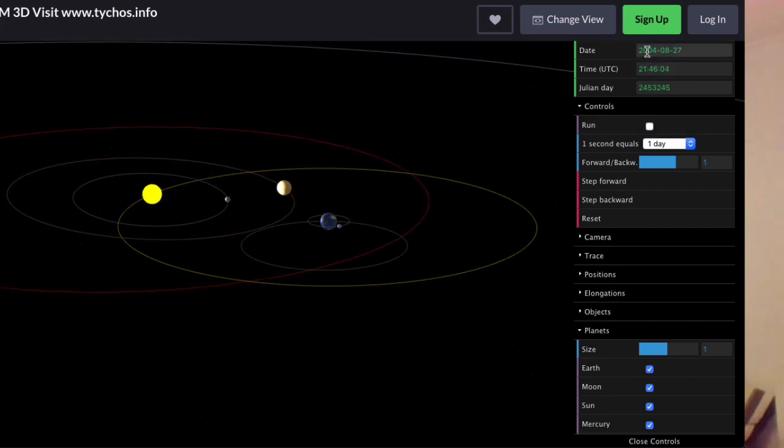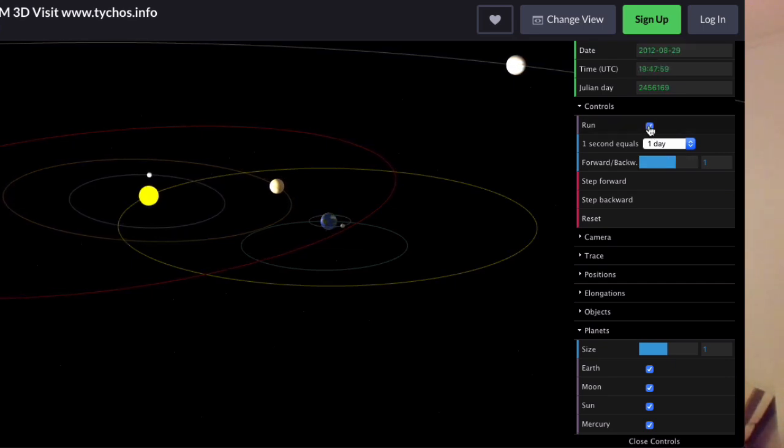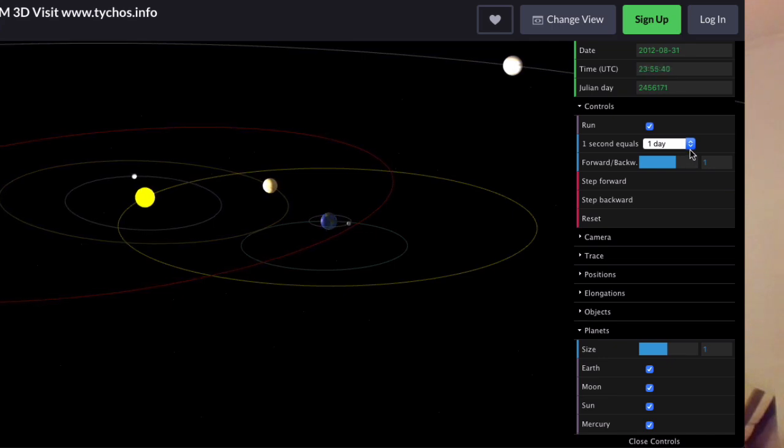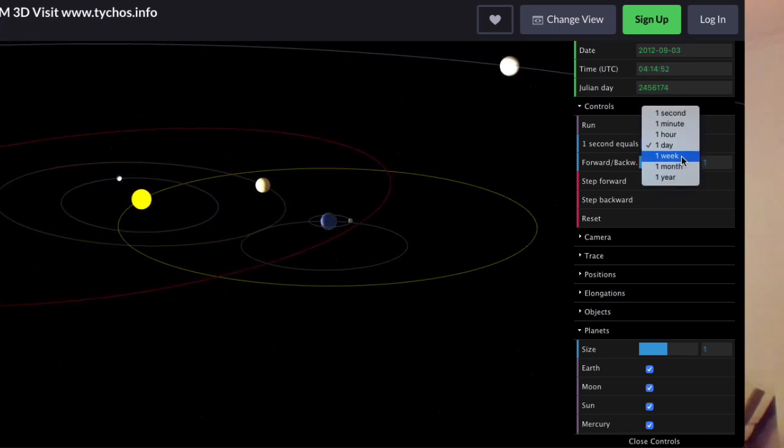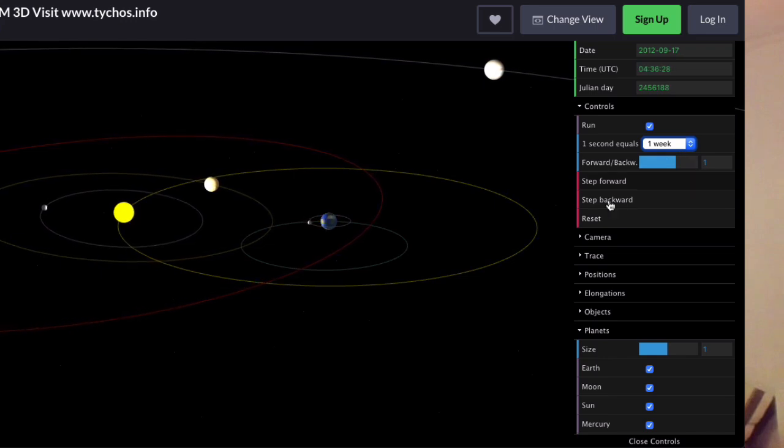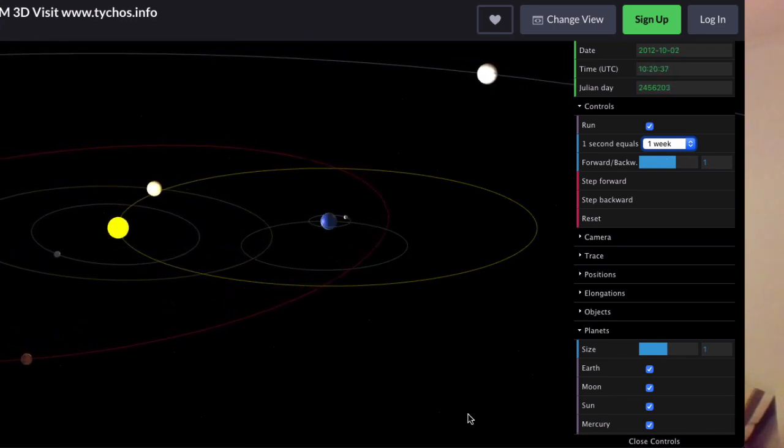If you want to verify Tychos and see that it works, what you can do is go to Stellarium, and there is a portion of the menu called Positions, where you will see all the right ascensions and declinations of planets, and then you can see that the Tychosium shows the same positions as Stellarium.